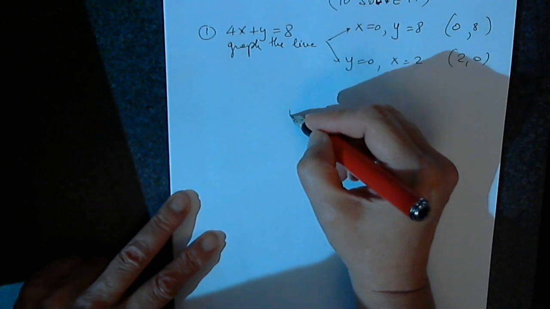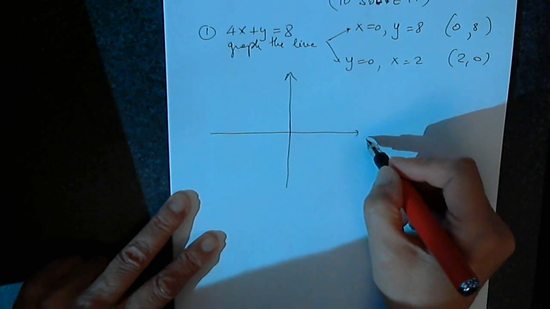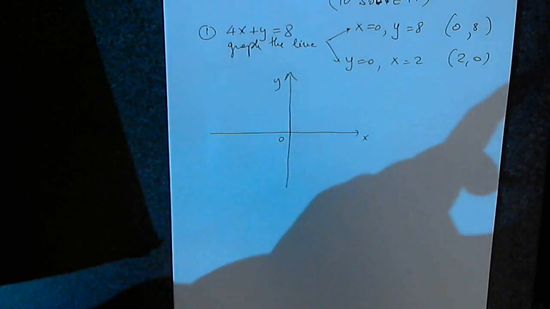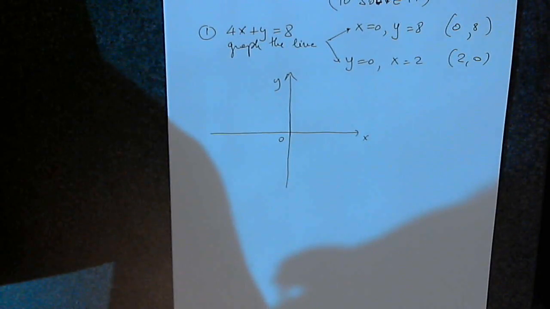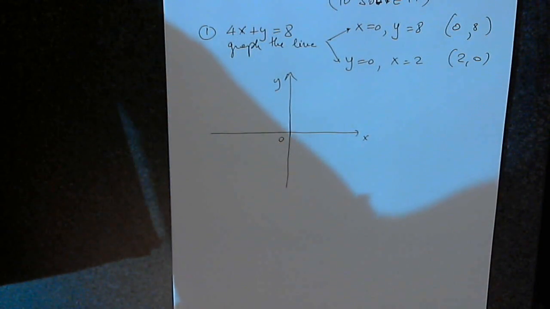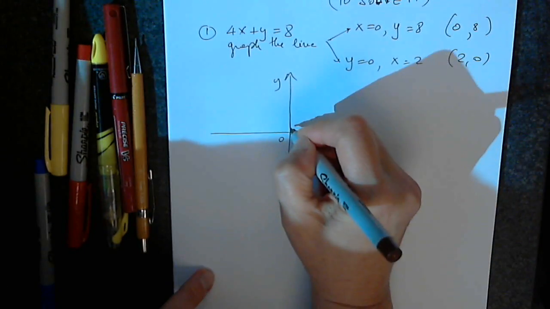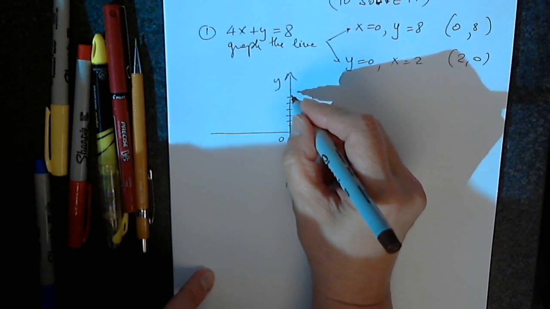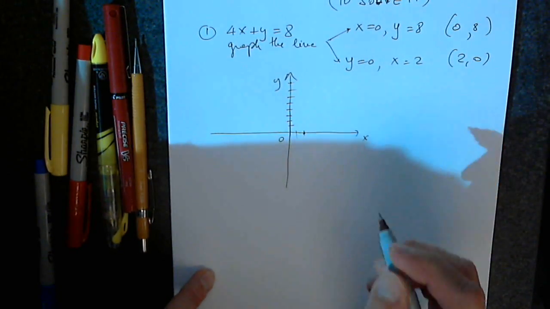So I would graph this line, plotting 0, 8 and 2, 0. So 0, 8, 1, 2, 3, 4, 5, 6, 7, 8, and 2, 0. So this point and this point.